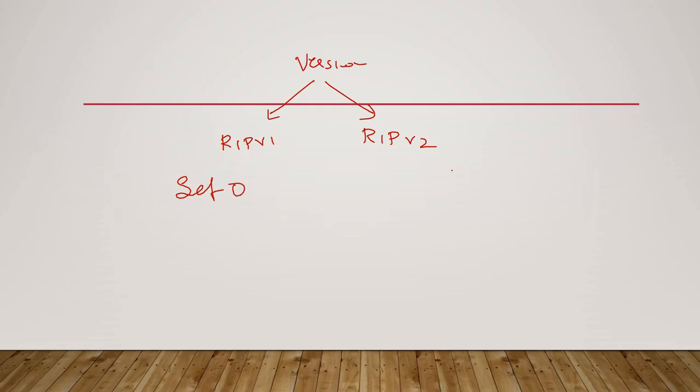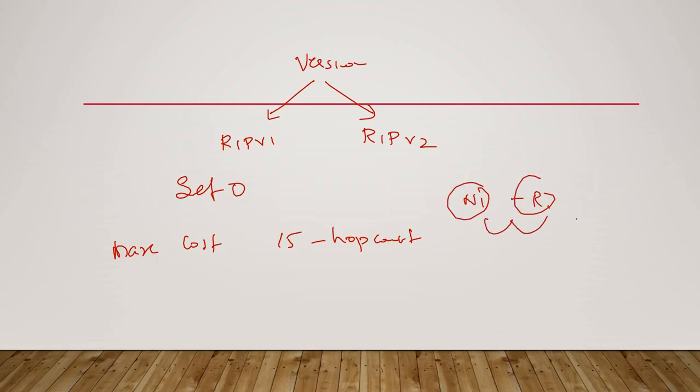Here the most important thing: RIP has a maximum path cost of 15 hop counts. The hop count is what we just counted previously, from network 1 and router 1, jumping here and there. So the maximum hop count is 15 for RIP.